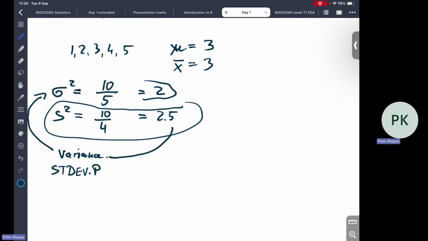The variance for this one here is standard deviation dot s. Yeah, population versus sample. That is the estimated variation for the population based on the sample. Make sense?